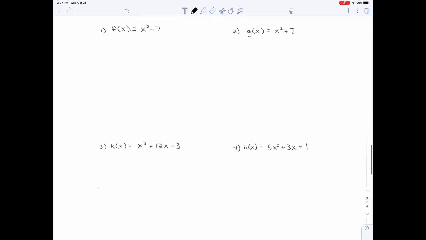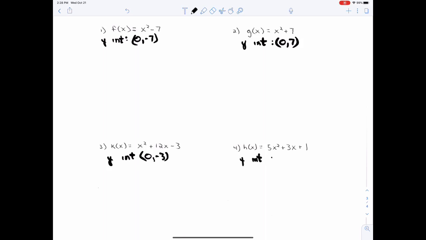Okay, well, the y-intercept for all of these is the easiest thing. You just stick 0 in for x, and you get 0, -7. You get 0, 7. I'm just sticking in 0 for x, right? On this one, you get 0, -3. And on this one, you get 0, 1.